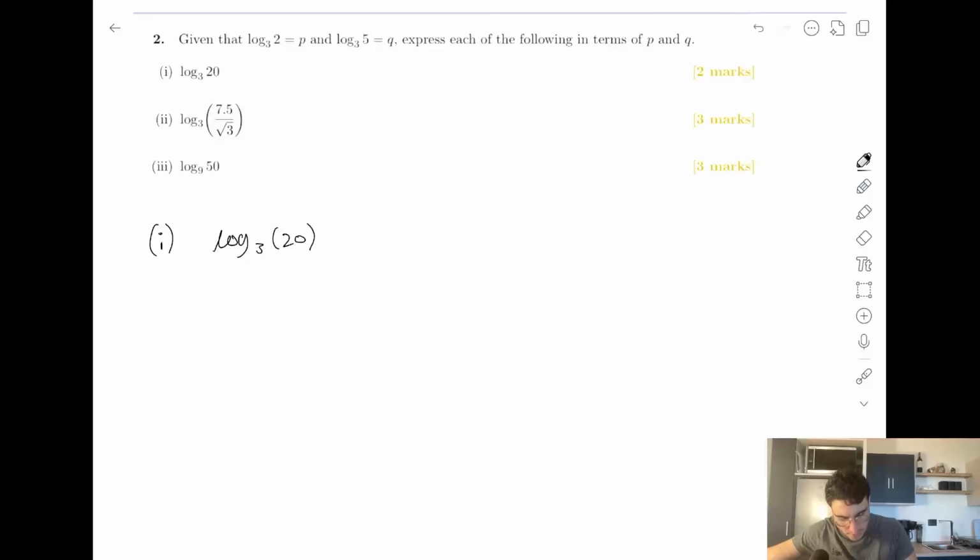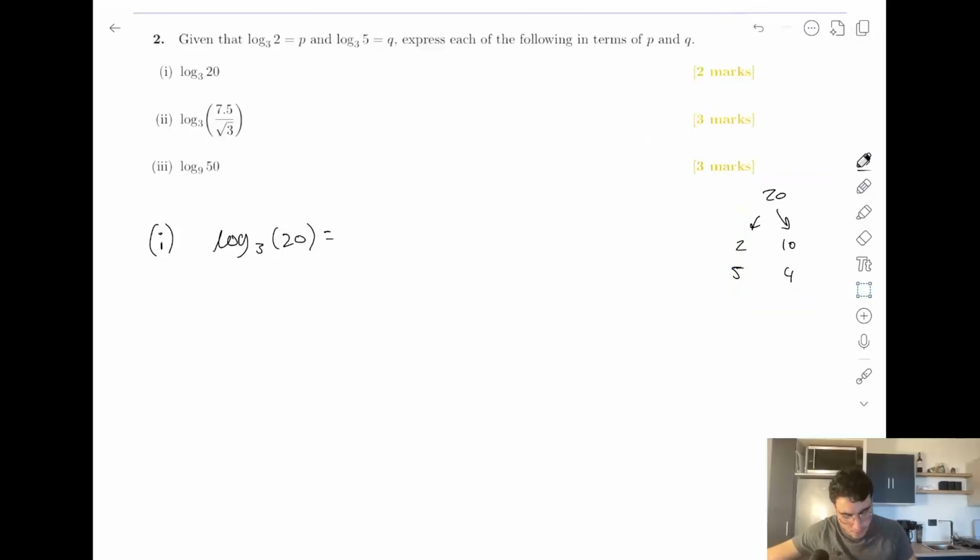So log 320, let's break that down into some prime factors here. 20. We've got 2 times 10. We also have 5 times 4. Okay. Considering that we have log 5 here, I'm going to go for the 5 times 4.